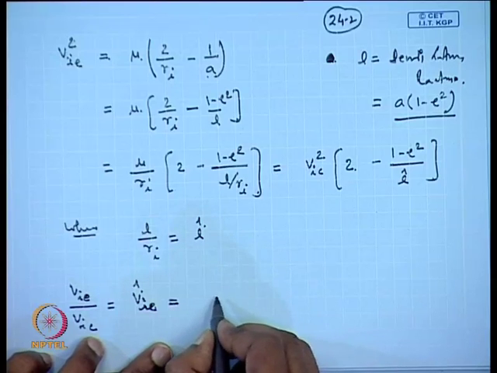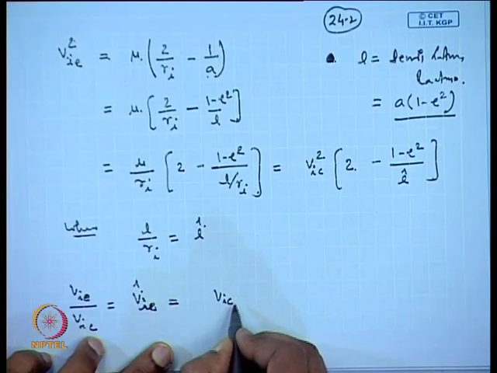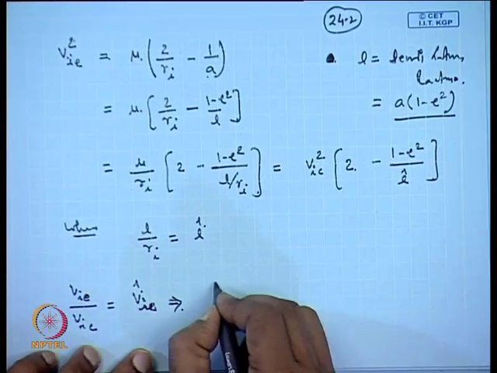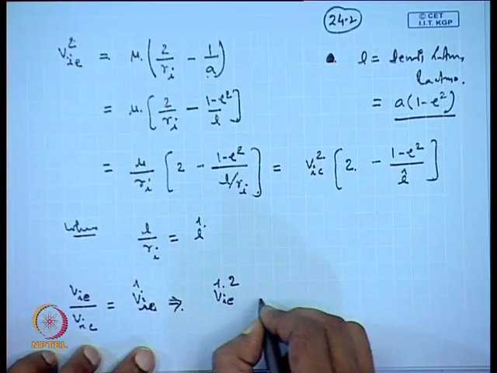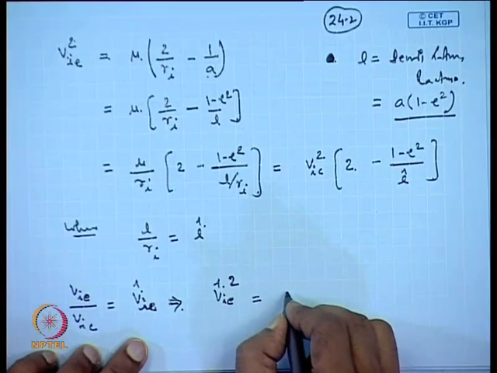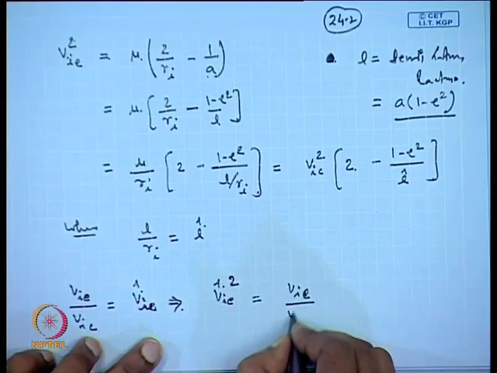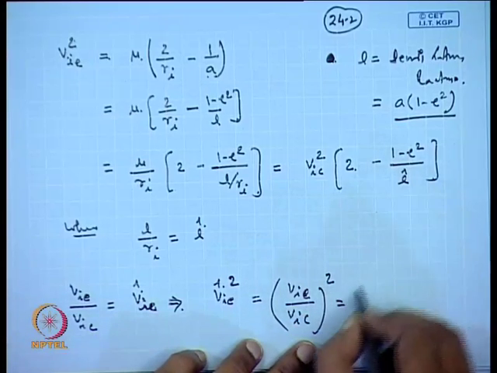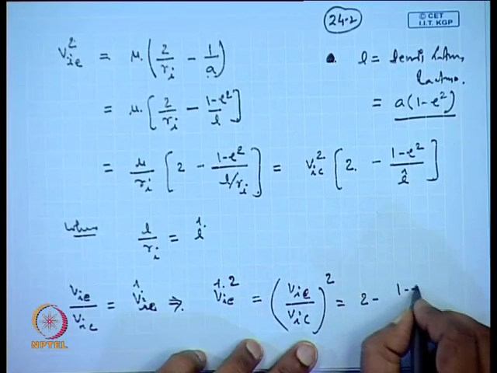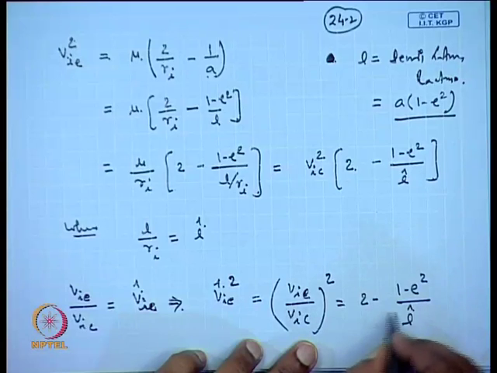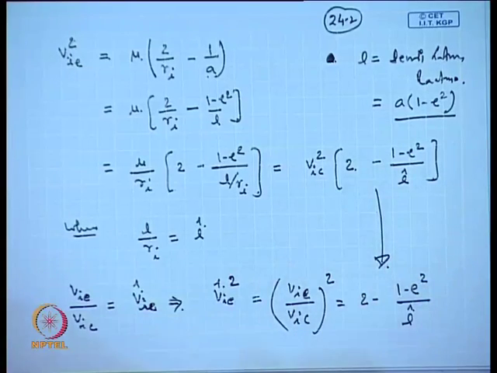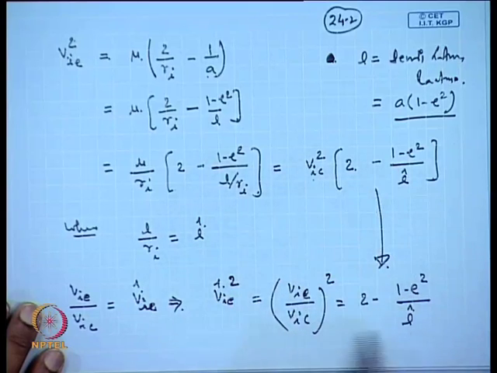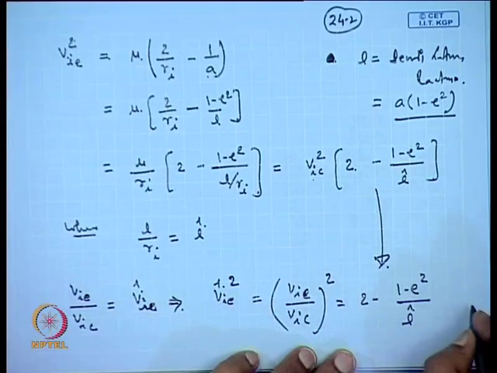So, V_Ie cap squared will be equal to this. From here we can find it out: we just have to divide both sides by V_Ic squared. So, we get this quantity here. This is our expression number 3.